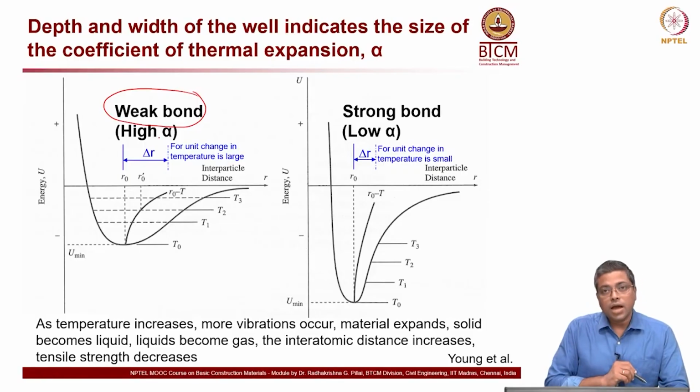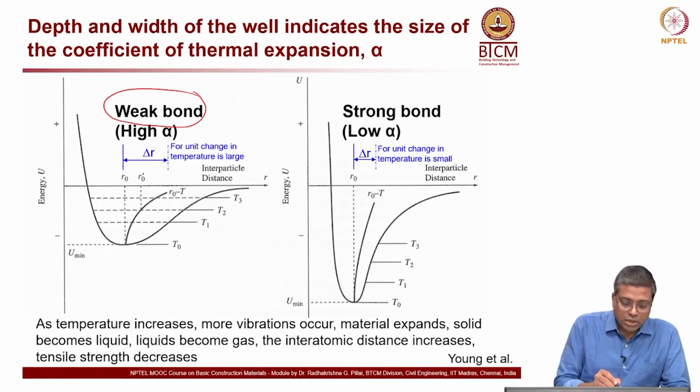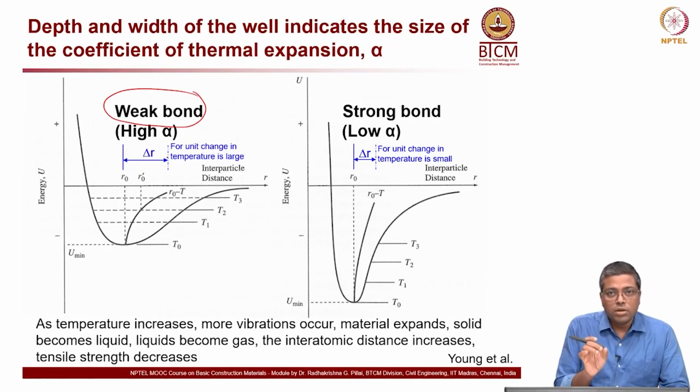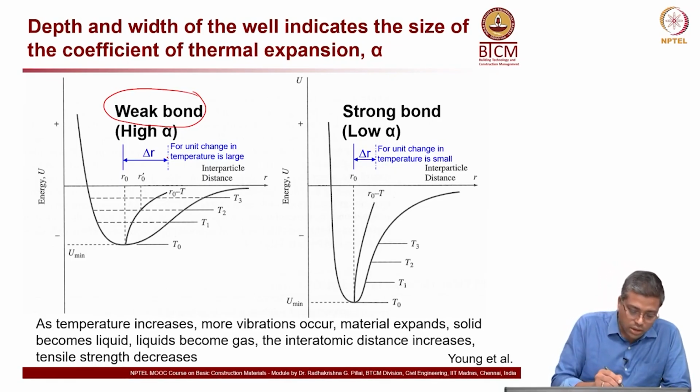There I put high alpha, that means high coefficient of thermal expansion. That means this delta R is large for a similar change in temperature. Now, understand this curve here. You can see this curve goes like this, the same curve which we were talking about in the previous slide.